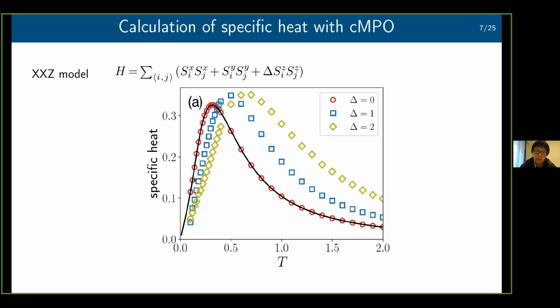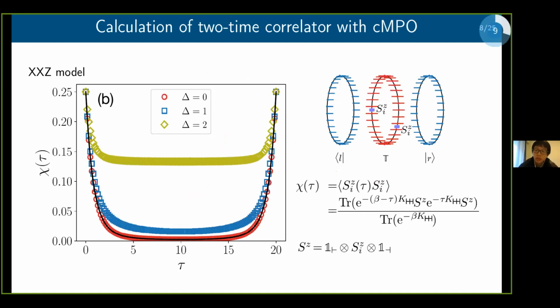By comparing the exact solution of this XY model and our numerical simulation, we can see that there is a very good consistency between our numerical result and the exact solution. And other than thermodynamic quantities, we can also calculate two-time correlators using our CMPO method.